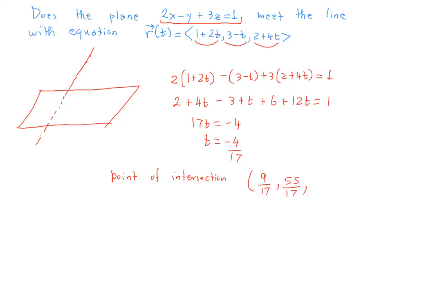So that will give you something like 34 minus 16, so that should be 18 over 17. Something along these lines. I apologize if one of these was found to be wrong, but this should be the point of intersection, which we can find by just plugging in the value of the parameter for which the line intersects the plane.